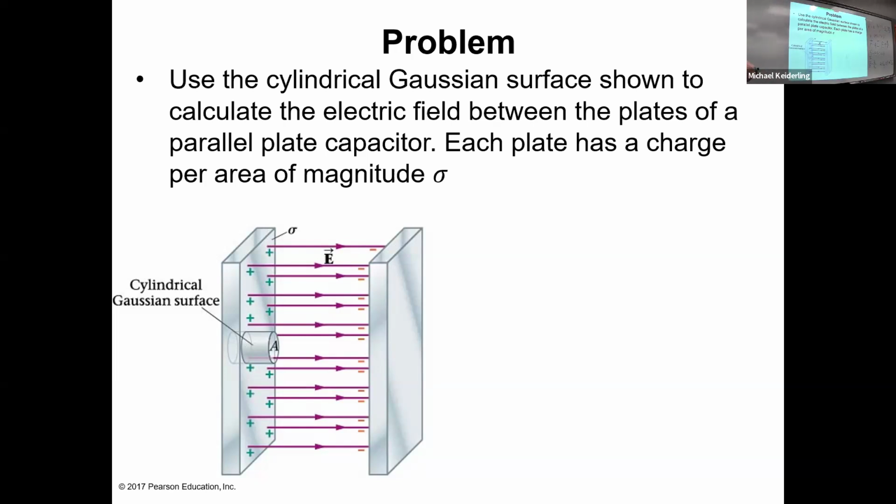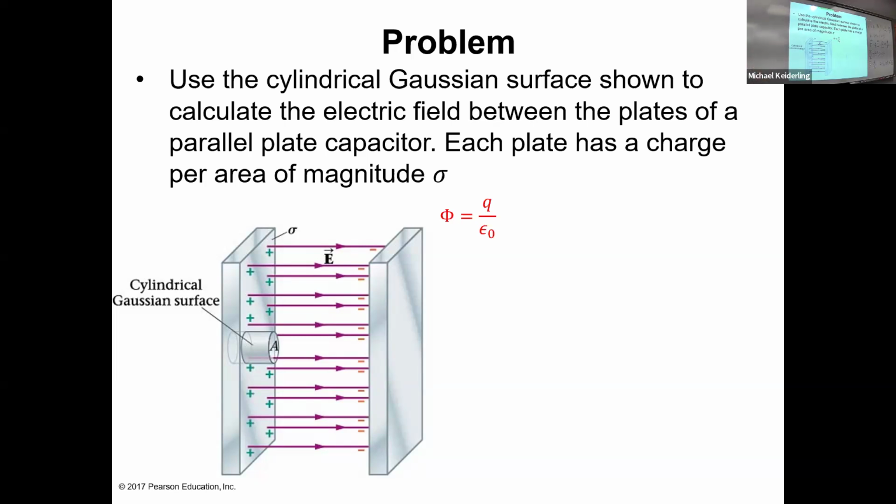We know that the total flux through the surface will equal the total charge enclosed by that surface. And so we can think about the surface in a few parts. So the total flux is going to be the charge over epsilon naught.